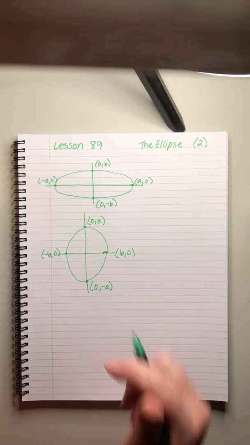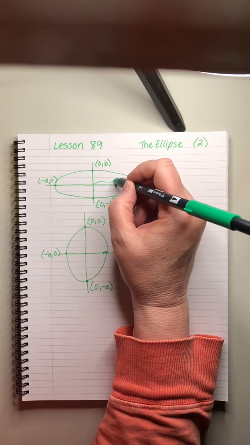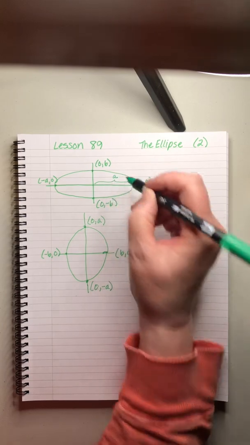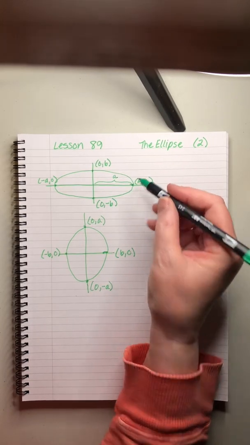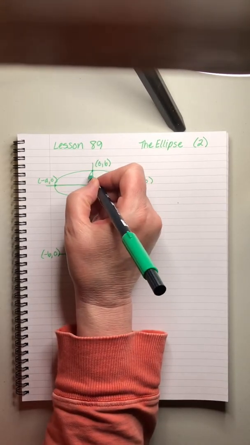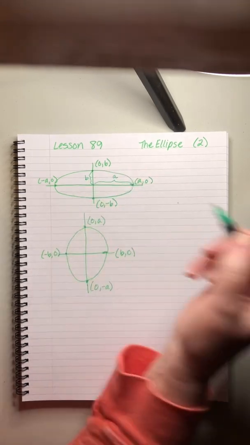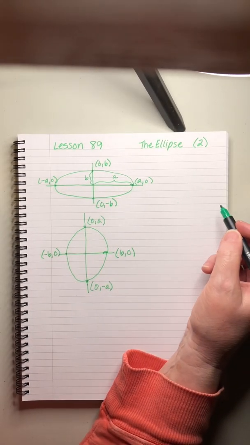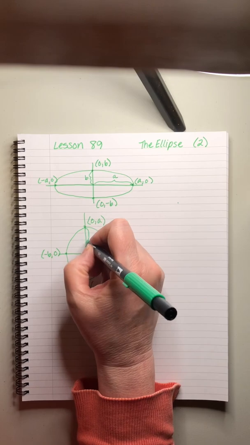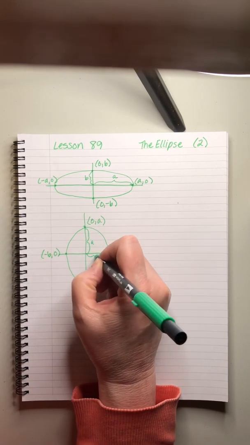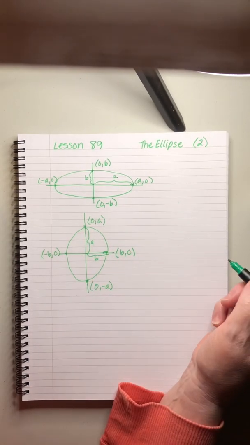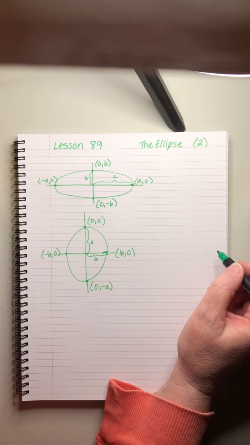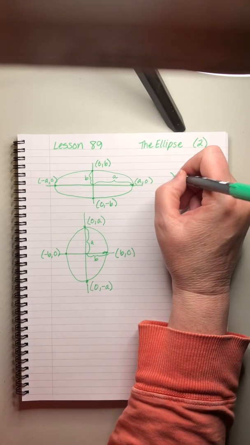And we also know that this value here is the same value as A, and this value here is the same value as B, right? And then the same thing here. This one is A, and this is B.